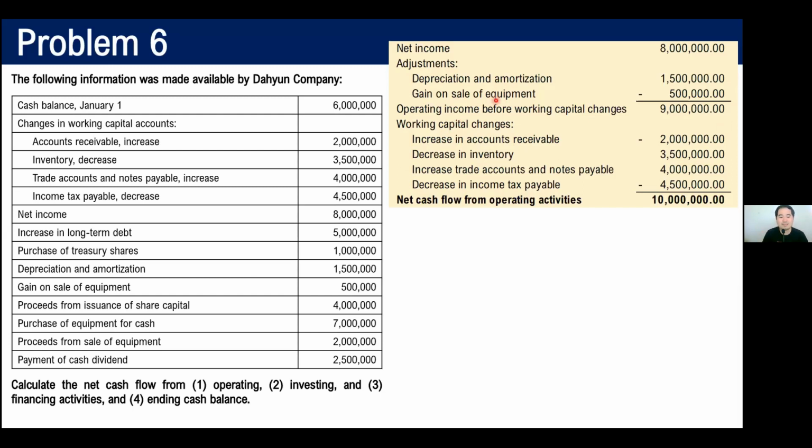Alam naman po natin na ang sale of equipment, ang effect po dapat niyan ay nasa investing activity. So yung effect ng gain ay tatanggalin mo sa net income para hindi siya maging part ng operating. Kasi later on din naman, yung mismong buong amount ng proceeds from the sale of equipment, i-add mo sa investing. So doon na lang natin lagay lahat. So yung effect ng gain, dapat matanggal mo sa net income. Okay? So perform that and you get 9 million operating income before working capital changes.